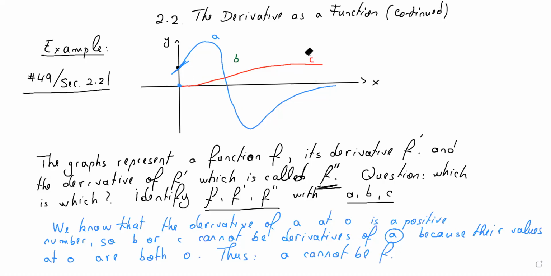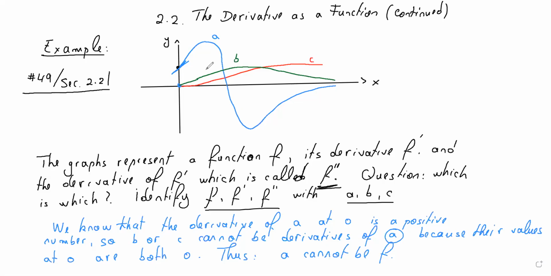So let me draw that again. One second here. All right, let's click on that. B was something like this. It started over here and went down like this.